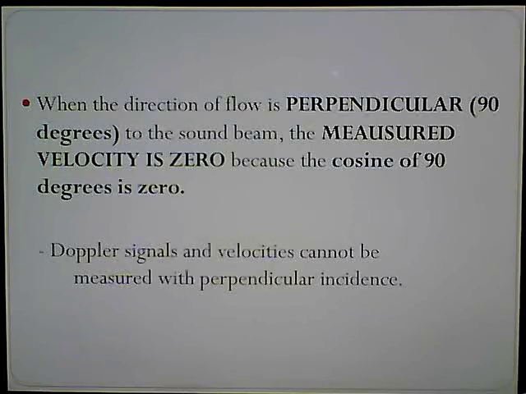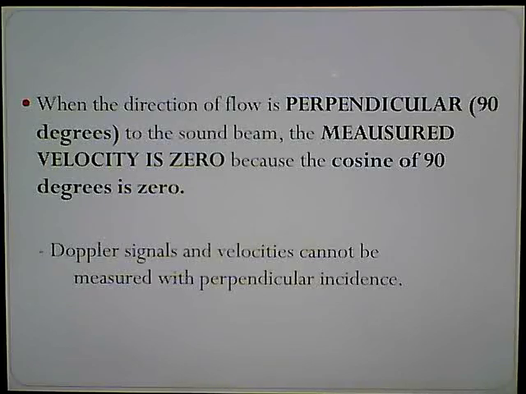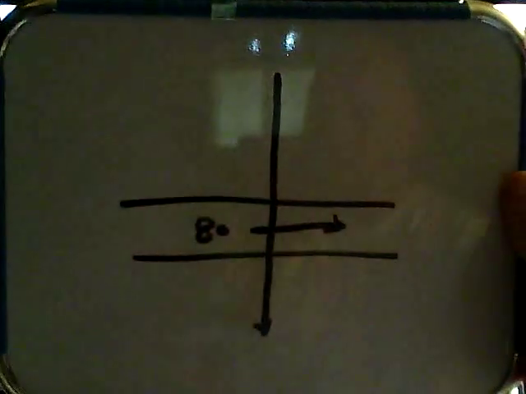When the direction of flow is perpendicular, or 90 degrees, to the sound beam, the measured velocity is 0. Because remember, the cosine of 90 degrees is 0. So this is perpendicular.